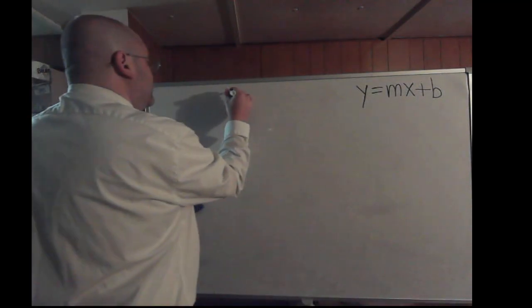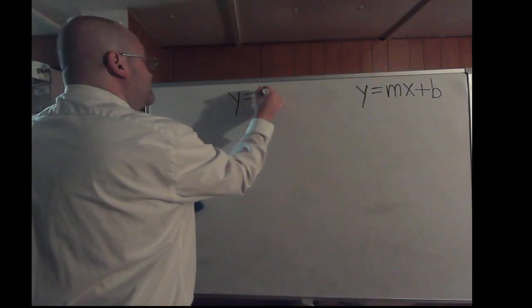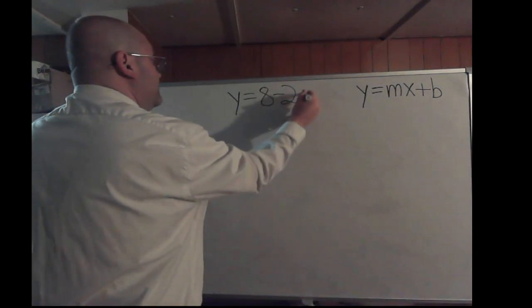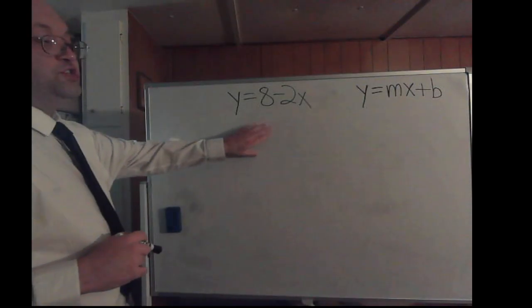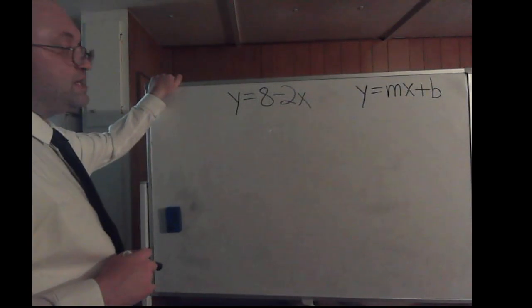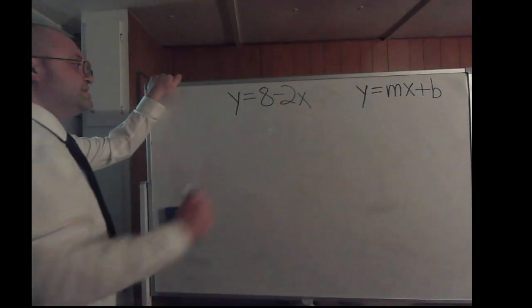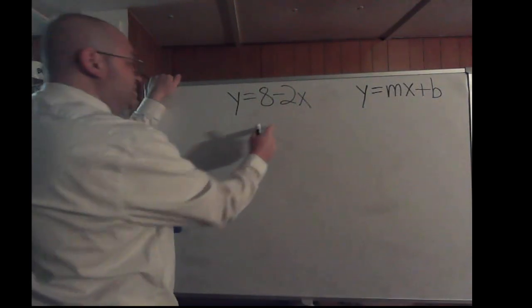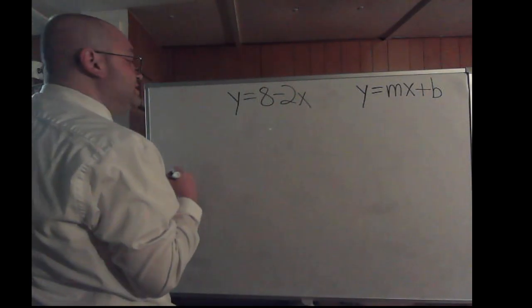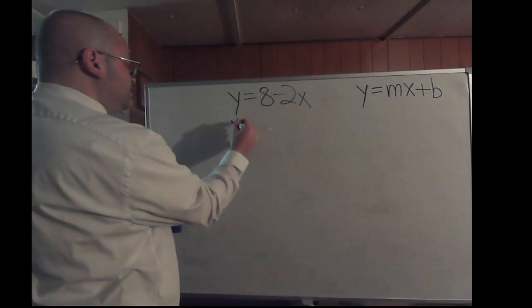Alright, let's see. y equals 8 minus 2x. So y equals 8 minus 2x. Well, this equation is not quite in slope-intercept form. However, we can convert this one to slope-intercept form. How, you ask? Well, your y is going to stay the same.